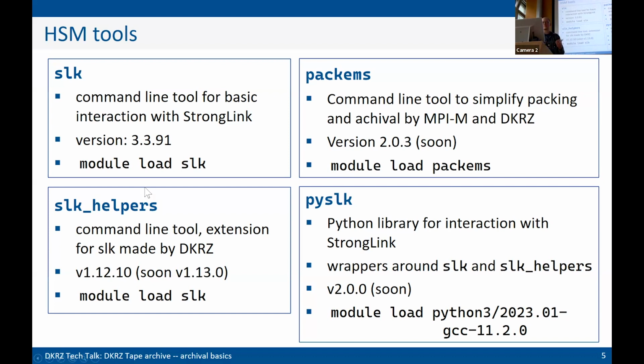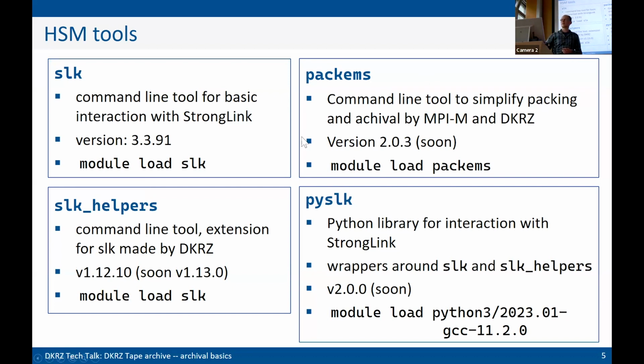Then we have SRK helpers. That's an extension to SRK, which adds new features and is developed at DKRZ. SRK is not further developed at the moment, because we are the only StrongLink customer who really needs this command line interface. Everything we want to have more, we add via SRK helpers.